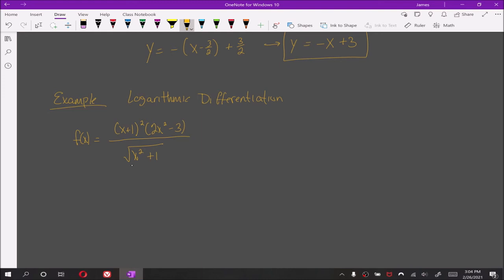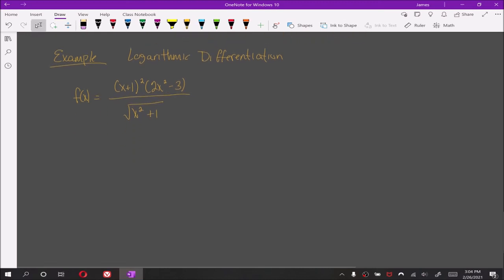Instead, what we can do is say this is y. Now take the natural log of both sides. So we have natural log of y is equal to the natural log of (x plus 1) squared times (2x squared minus 3) all over the square root of x squared plus 1.